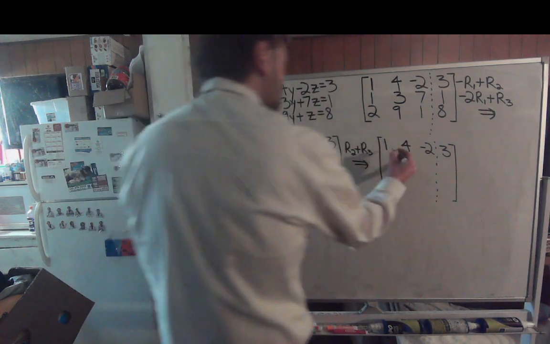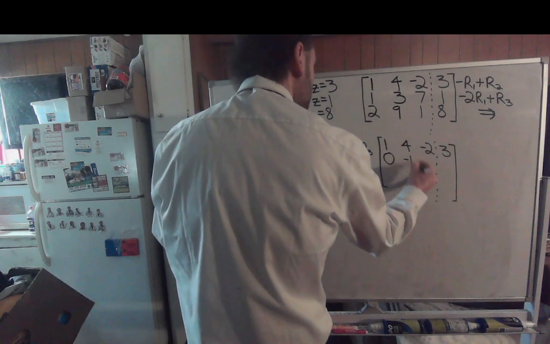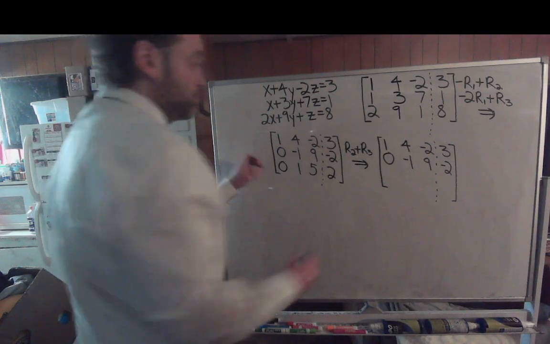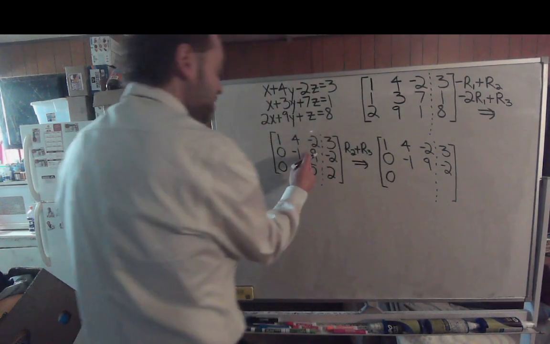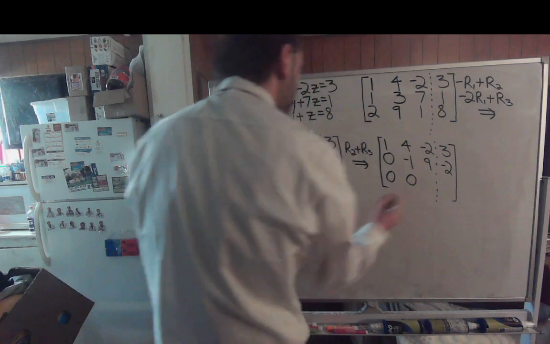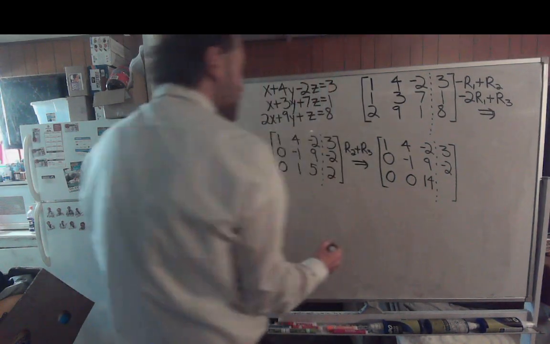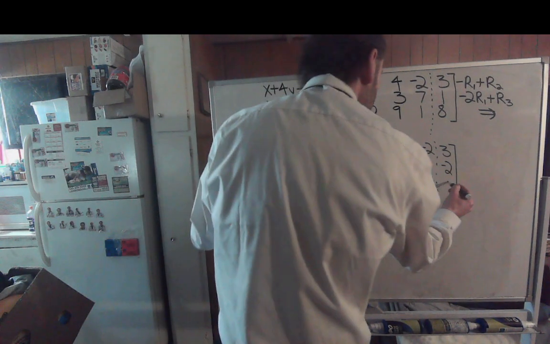Row 2 is even left alone. 0, -1, 9, -2. Alright, 0 plus 0 is still 0. -1 plus 1 is 0. 9 plus 5 turns into 14. And then -2 plus 2 is 0.